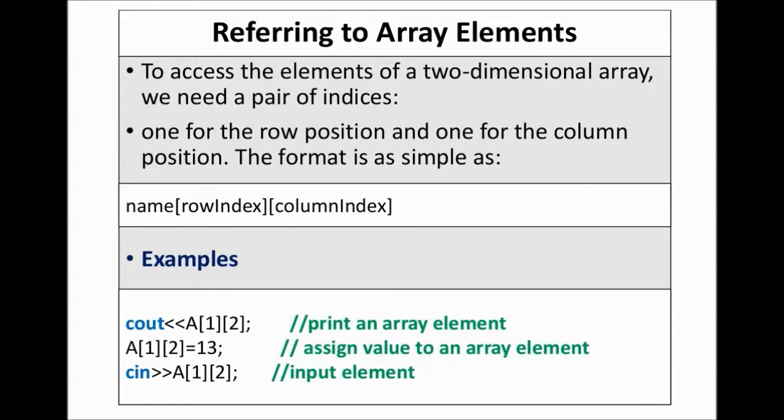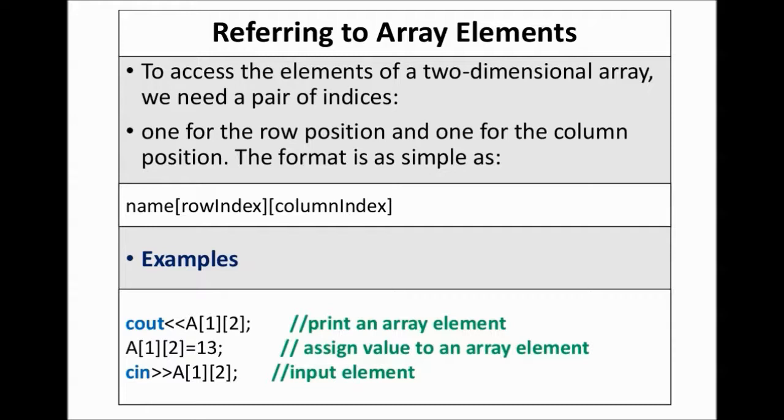For example, if we write cout << a[1][2], it gives us the element stored at the second row and third column.